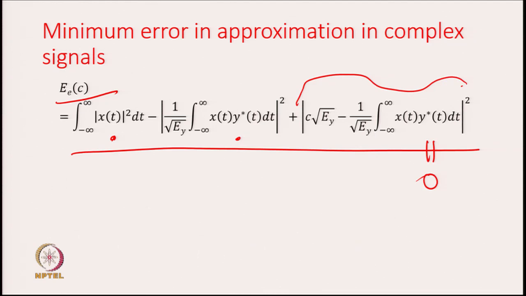So, the minimum positive quantity would happen when that quantity is 0. So, we have to choose a value of c for which this term goes to 0, and that value of c can be easily obtained if I substitute this as this.